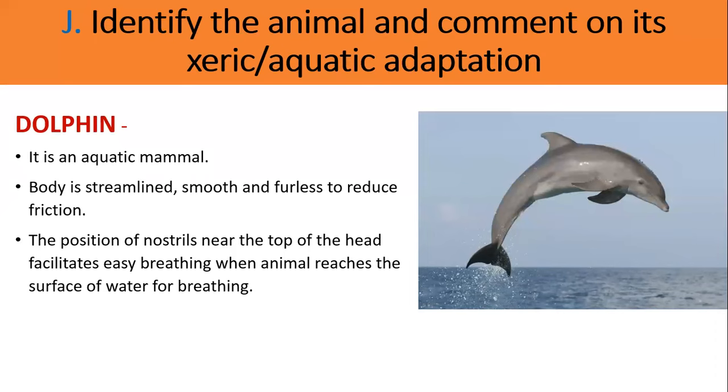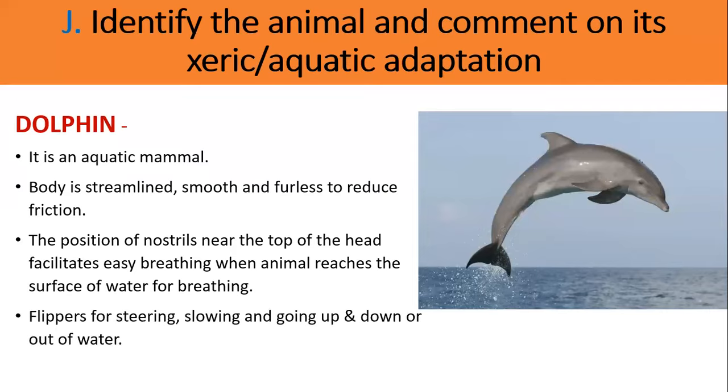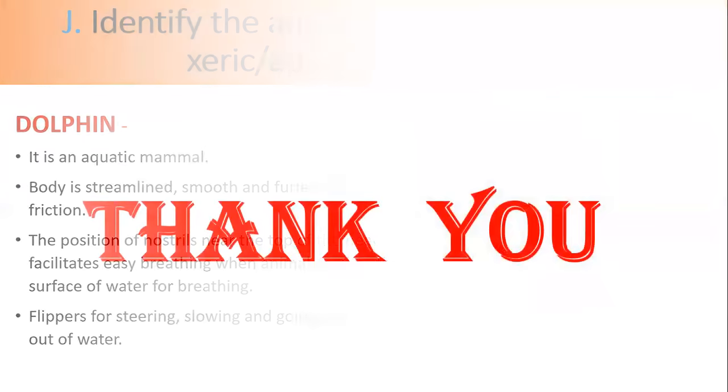The position of the nostril near the top of the head facilitates easy breathing when the animal reaches the surface of water for breathing. Dolphin, remember students, is a mammal, an aquatic mammal. It has flippers for steering, slowing and going up and down or out of water.